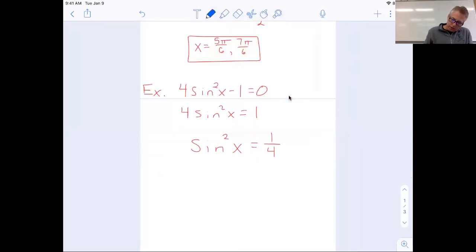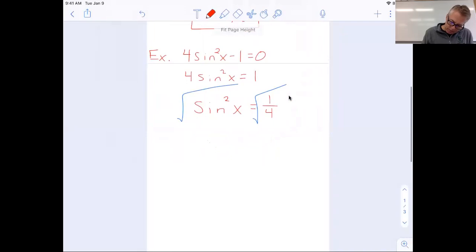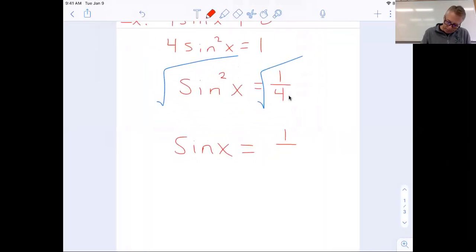Now I'm going to take the square root of both sides. So that means I've now solved it for the sine of x, and I have the square root of 1/4, which is the square root of 1, which is 1, and the square root of 4, which is 2. So I have the sine of x is equal to 1/2.